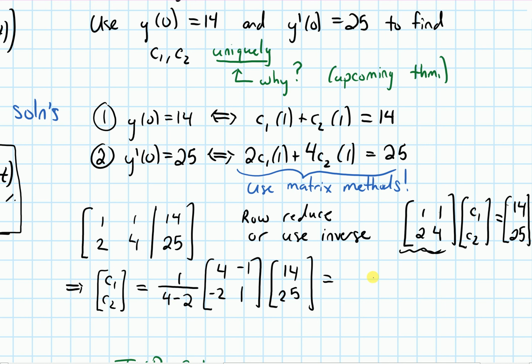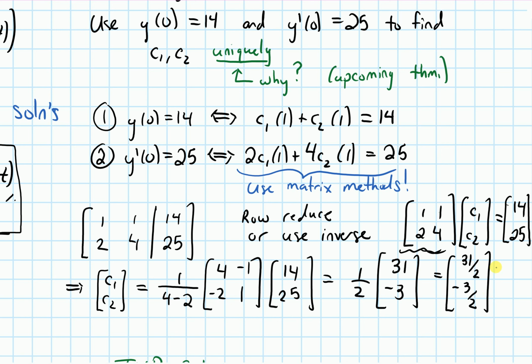So we have this 1/2 in front. And then if you multiply this matrix times the vector 14, 25, we end up getting 31 and -3. And then if we distribute in the 1/2, we get 31 halves and -3 halves. All right, so at this point, we know that this first entry is c1, and this second entry is c2.